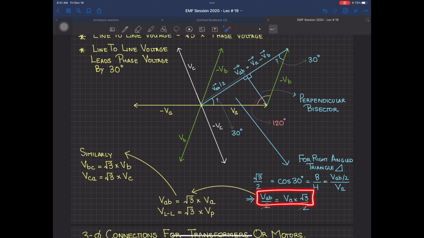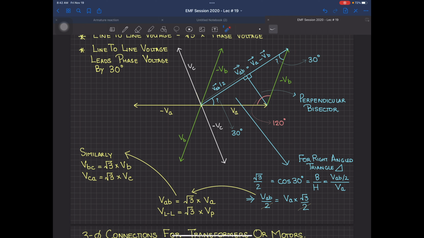So you are getting an expression that your line to line voltage is under root 3 times your phase voltage. And I guess you will remember it after maybe 1 year or 2 years. You will have to remember 1.732 and all that, because whenever you have a line to line voltage and phase voltage, you have to multiply by 1.732 to find out the line to line voltage.